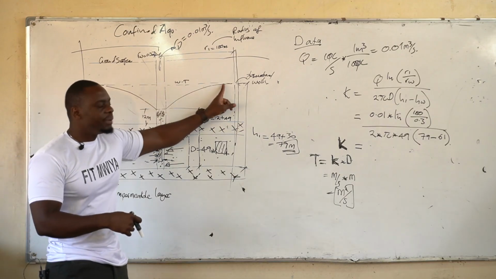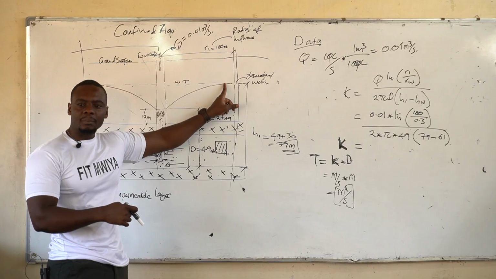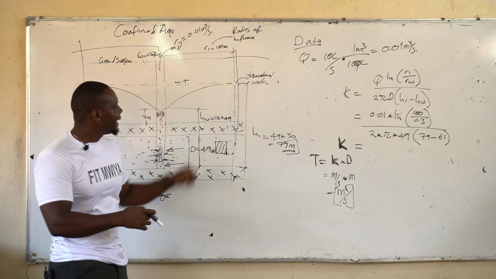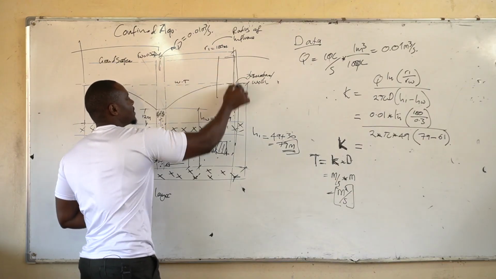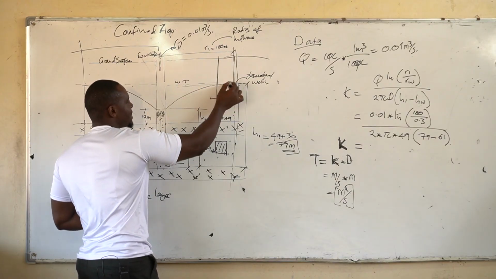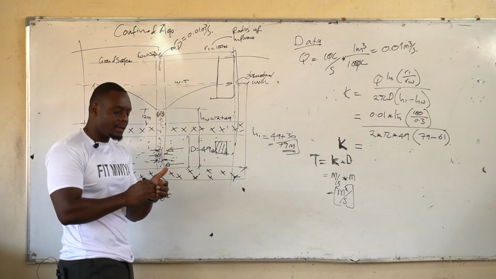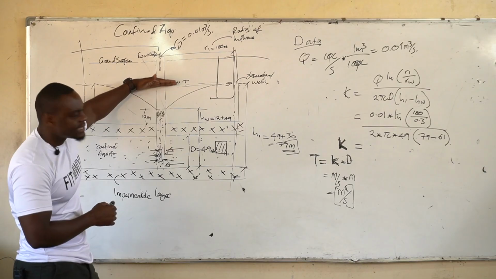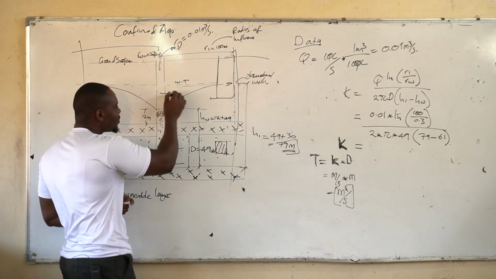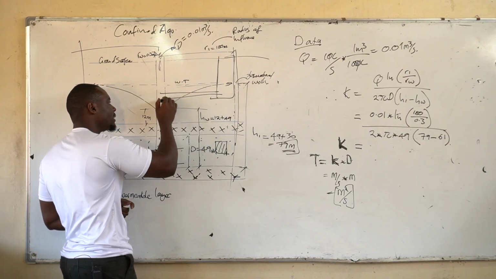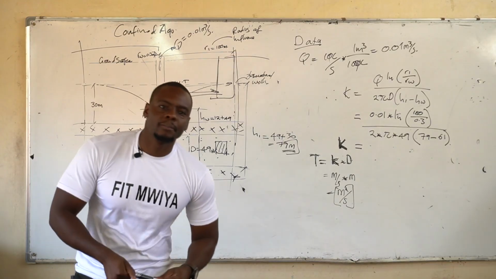And then just barely 5 meters away, there's a pit latrine, and this pit latrine has its troubles of water that are also interfering here. And as long as your water table is running there, it means the waters that are here are able to run back and forth, and they are in association.